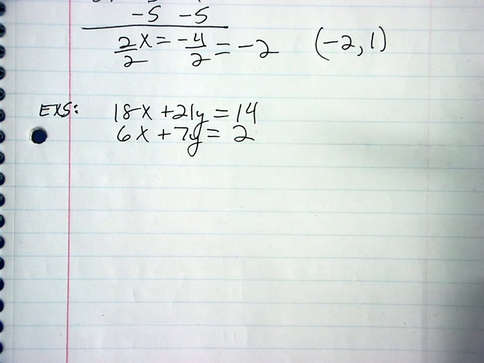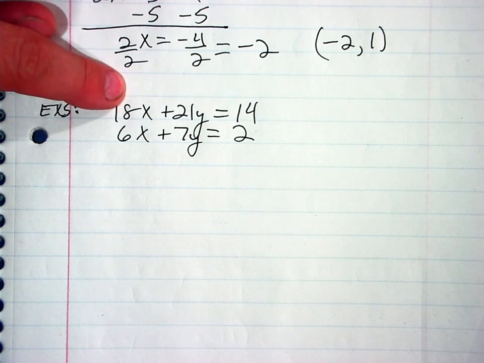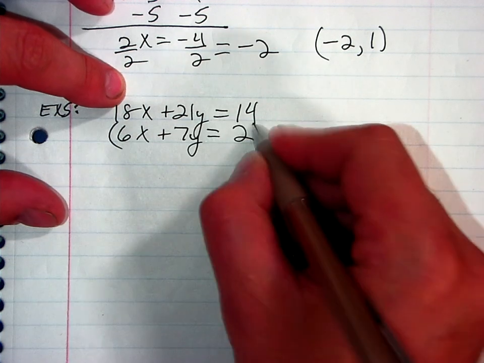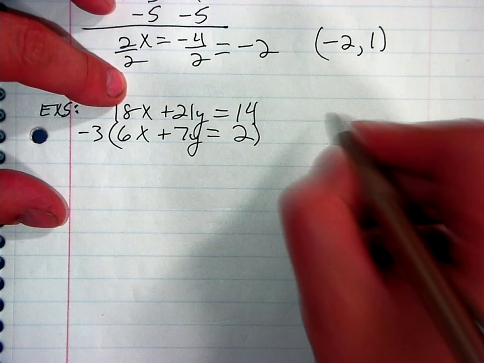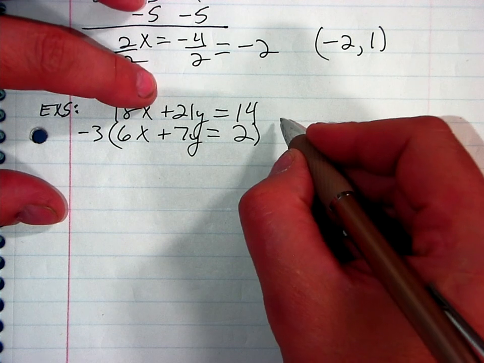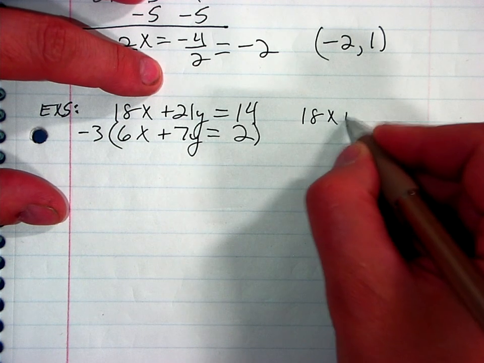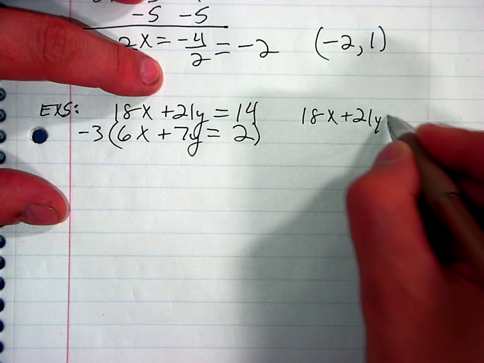Should we get rid of the x or the y? There's no wrong answer. We have a positive 18x, so to get rid of it, we need a negative 18x, correct? So we're going to multiply the bottom by negative 3. The 18x plus 21y equals 14 is doing nothing, so I'm just going to rewrite it. We're not messing with it.